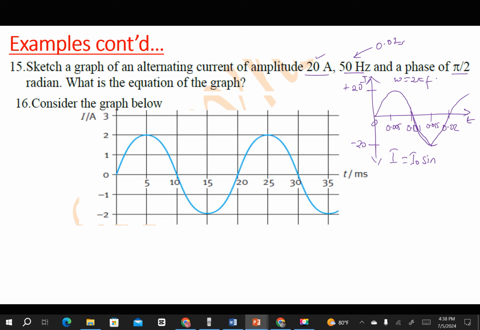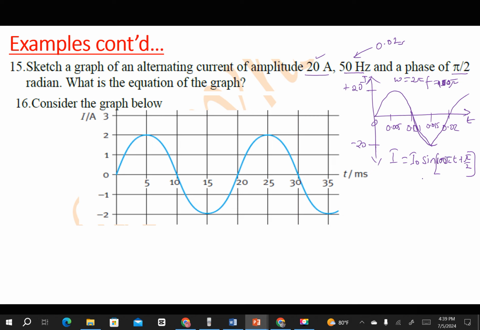So this is going to be, sorry, not 50 pi, 100 pi. That is omega. So I'll write here 100 pi times t, but they added a phase difference, so I will simply say plus pi over 2. But this phase difference is not very important at this level.